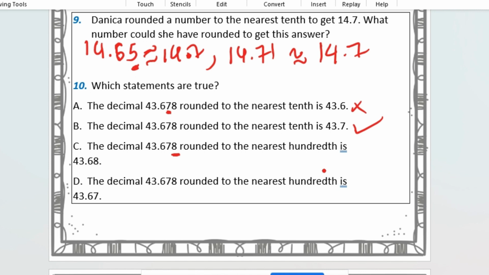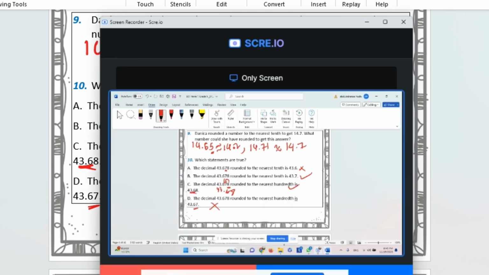If it's less than 5, we do not add anything, but we only put 0. So when 8 is bigger than 5, you will add 1 here, so the answer would be 43.68, which is written here, so this one is correct. And lastly, this is 43.67, so this is incorrect.